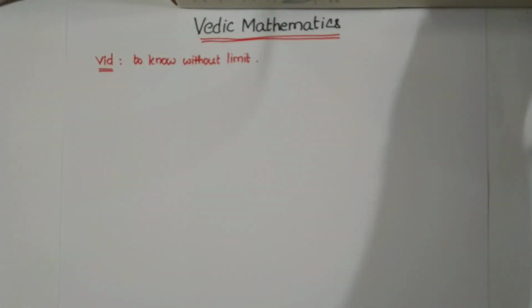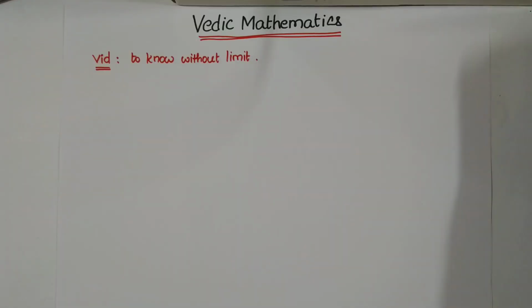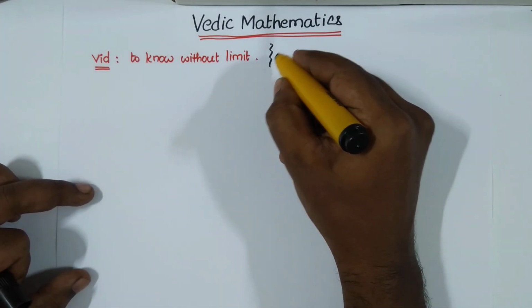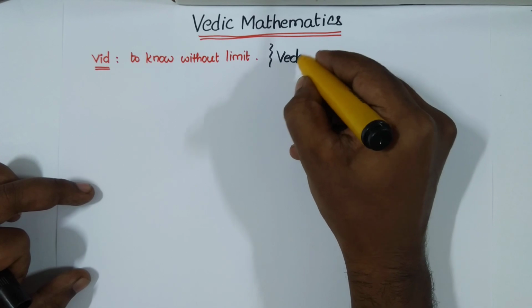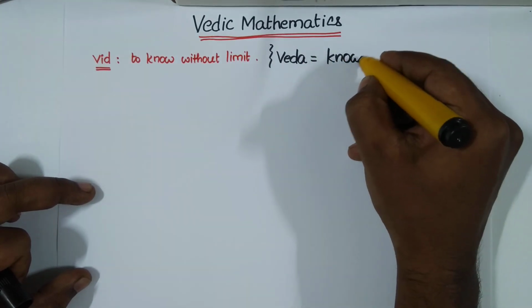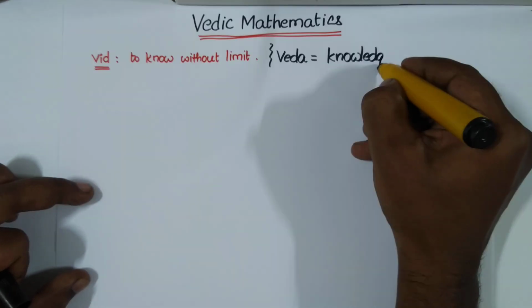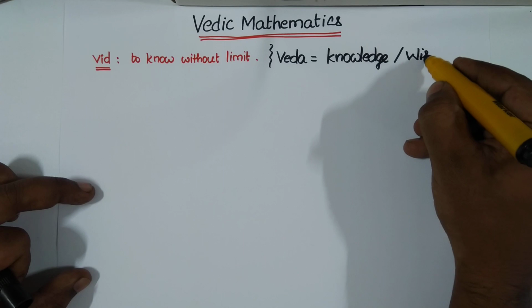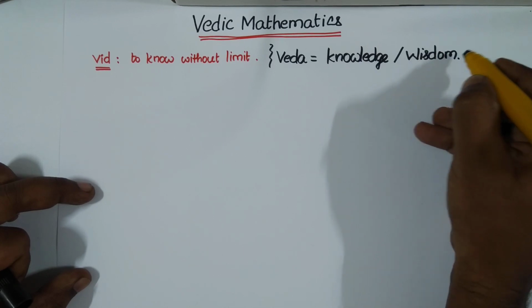And the Sanskrit word for knowledge is Veda. That means Veda is simply knowledge, or you can also sometimes say wisdom.